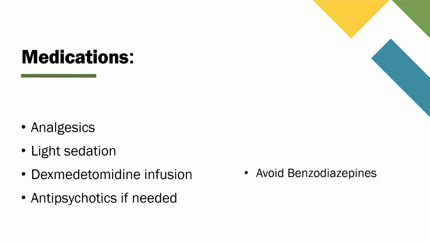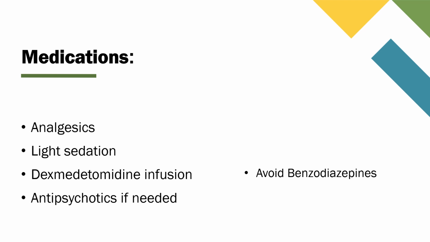In terms of medications, usually if a patient is starting to get agitated, it's related to their pain. So it's recommended that doctors prescribe analgesics first in order to do pain modulation in delirium patients. But if that doesn't work, they usually try light sedatives.